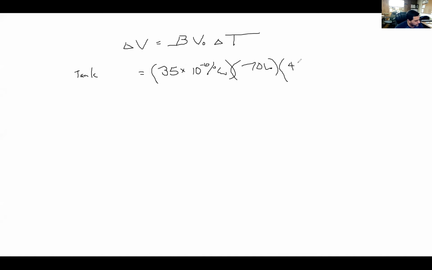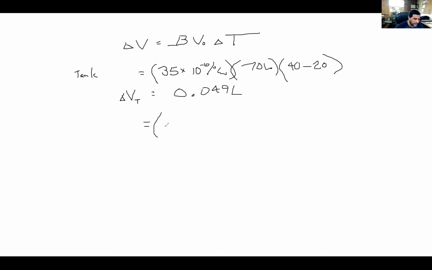It finishes at 40, starts off at 20. So the change is 20. So the change in volume for the tank is 0.049 liters. So it didn't get that much bigger.